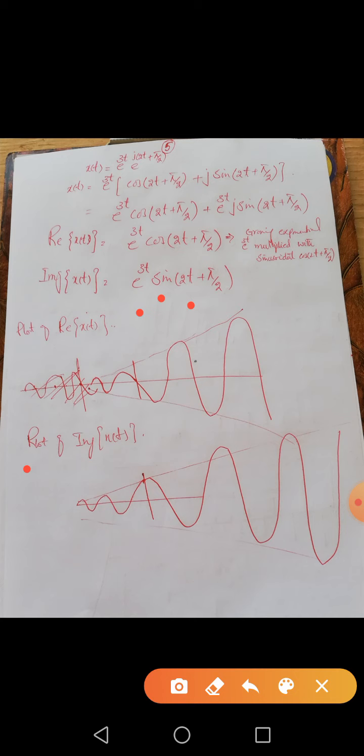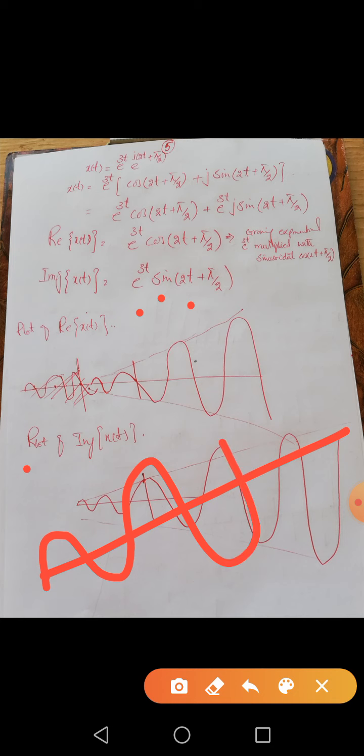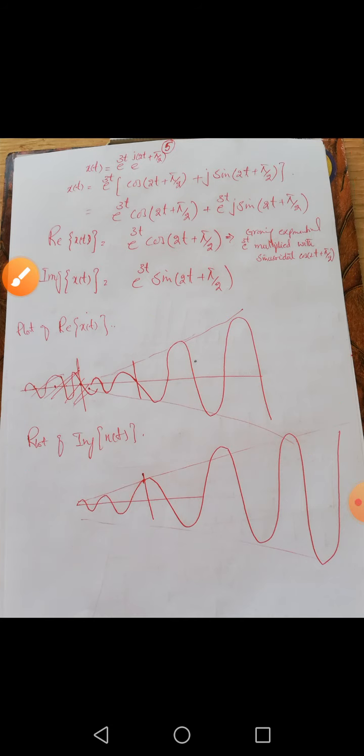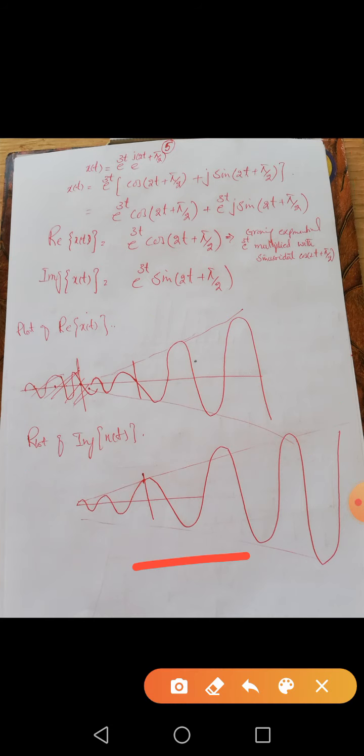So at t equal to 0 it will be 1, and it can be plotted like this. Initially it is 1, and as t increases it is going to increase like this. Think over it and you will learn what is meant by this.